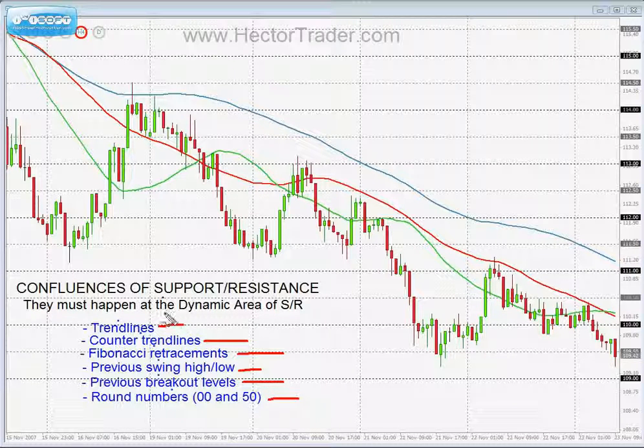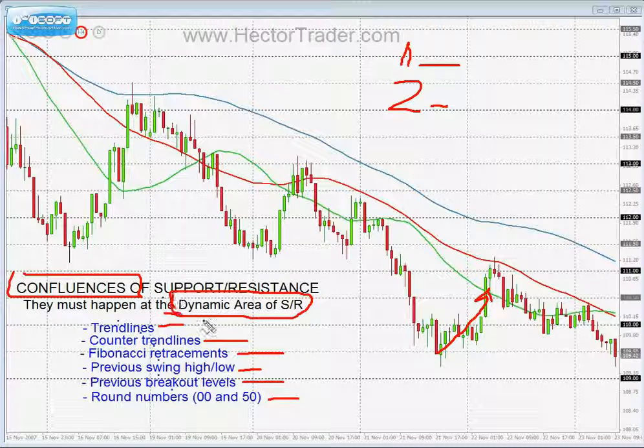All of them within the dynamic area of resistance. That means that, in my opinion, in order to search for an entry, I must have two conditions. Firstly, I must have a pullback to the dynamic area of resistance, and second, I must have a confluence around that dynamic area of resistance.